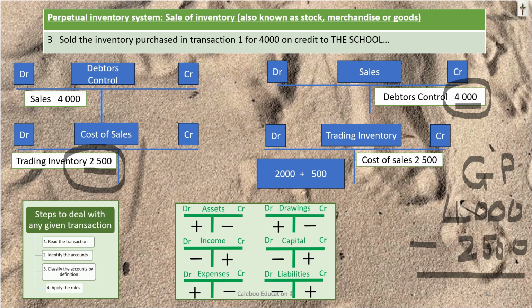So cost of sales is calculated at the point of sale in the perpetual inventory system. The gross profit, if this was the only sale, the only transactions for the business at this particular point in time, is 1,500 euros. So I'm pointing out an advantage of the perpetual inventory system.